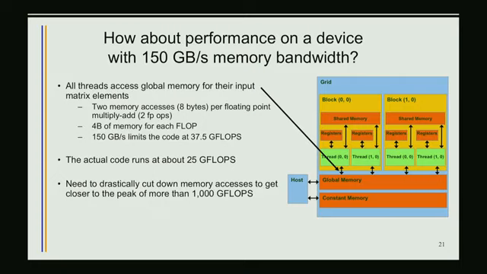Okay? So if the peak of the GPU that we're dealing with is 1,000 gigaflops, or 1 teraflops, we're severely limited by the memory bandwidth here, right? We're throwing away a significant chunk of the performance, sitting idle, waiting for memory to deliver M and N in this case.